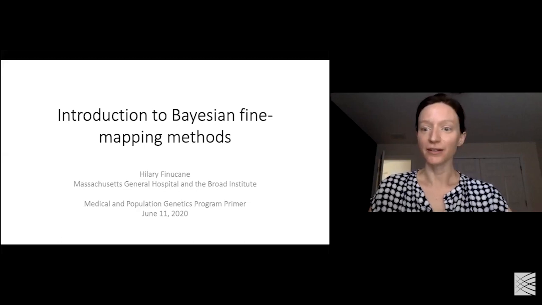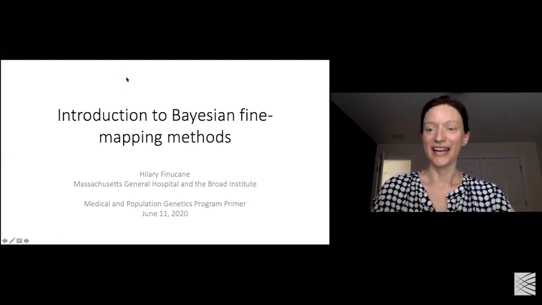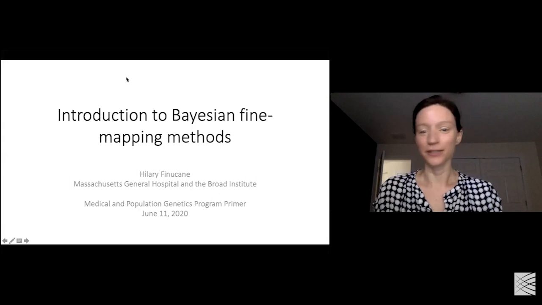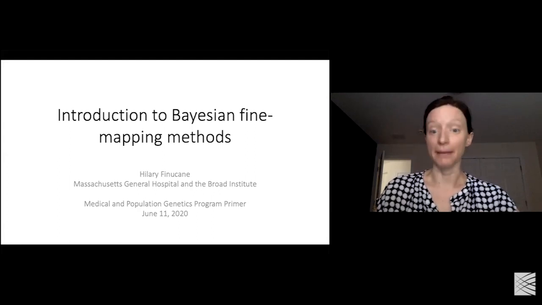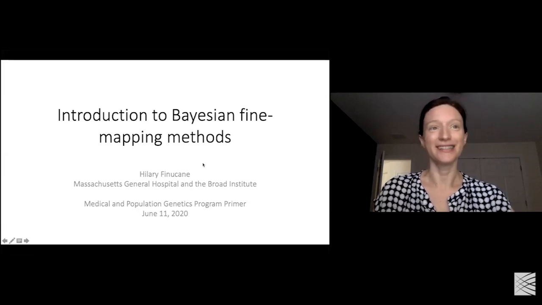So this is our penultimate primer for the season, and we are very happy today to have Dr. Hilary Finucane today to speak to us about fine mapping methods. Her background includes a bachelor's in math from Harvard. She then followed that up with a master's in theoretical computer science, and went on to then complete a PhD in applied math at MIT.